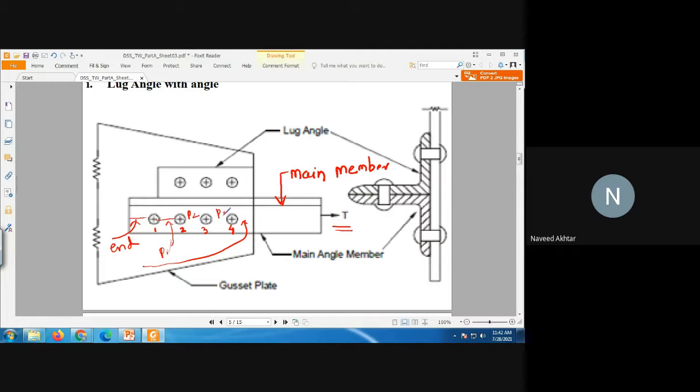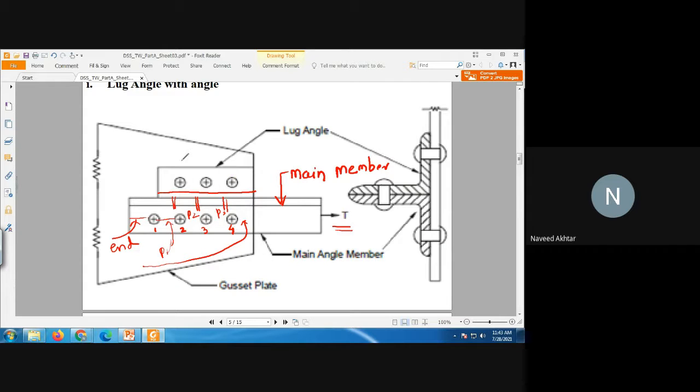So there is no place. The length of connection is very short, but we need 7 bolts as per our requirement, so we are providing an additional angle, and this additional angle is provided to connect the main member with this additional angle for the connection purpose only.